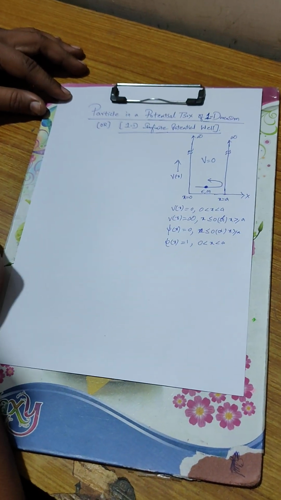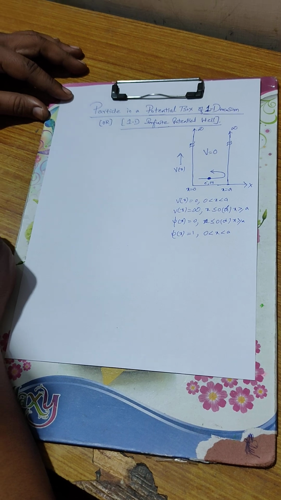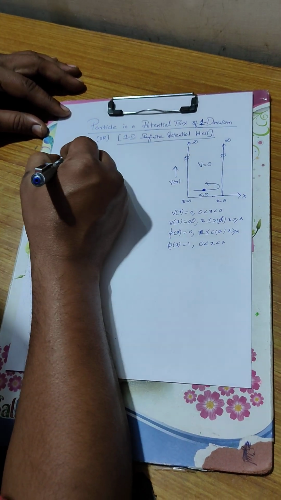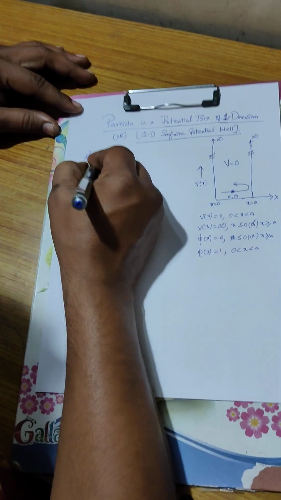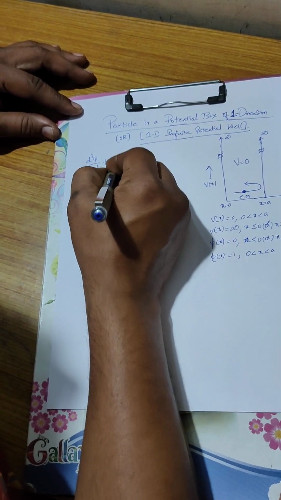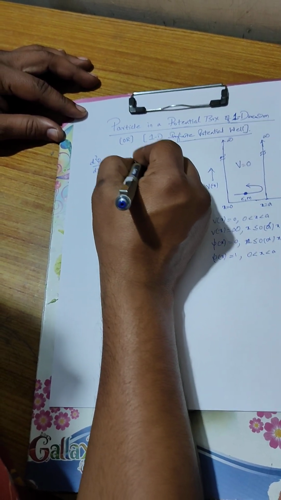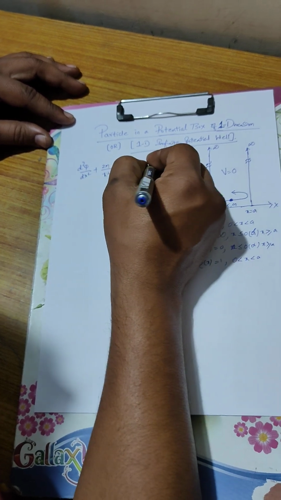The Schrodinger's time-independent form of equation in one dimension can be represented as d square psi by dx square plus 2m by h cross square into (E minus V) psi is equal to 0.